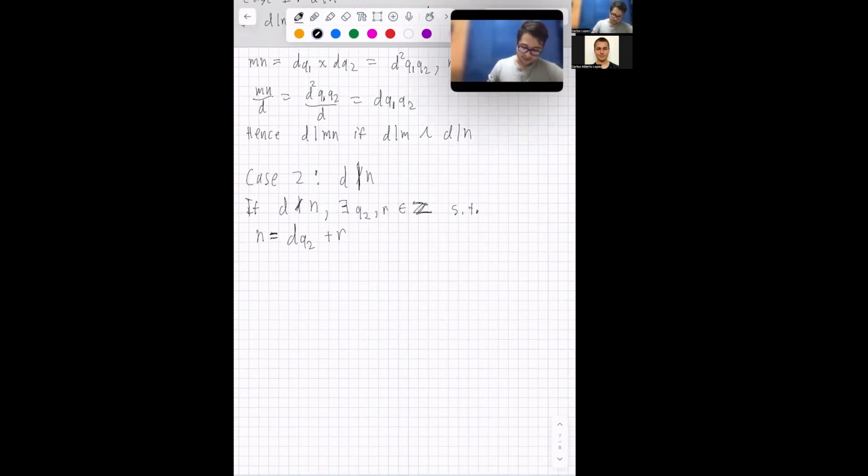So now we're going to have this. You can say that thus m times n is going to be equal to dq1 times dq2 plus r, which is just equal to d squared q1 q2 plus d times r, which is equal to d times d q1 q2 plus r.